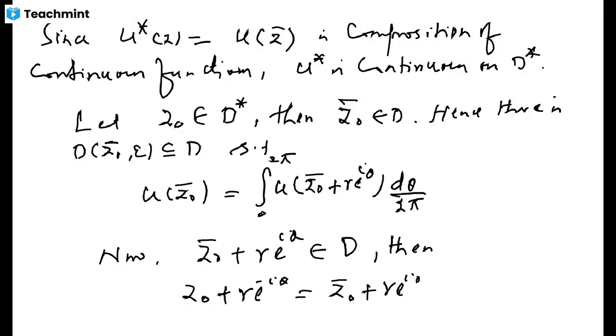It is the conjugate of this number, and this element lies in the reflected domain D star. Let's look at what happens for the average. It lies in domain D star, and indeed it is a part of the reflection of the circle of this radius r there.